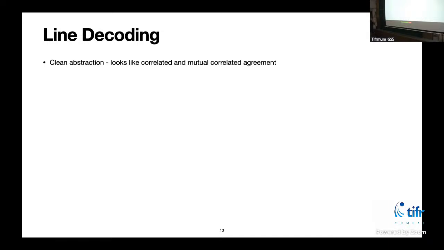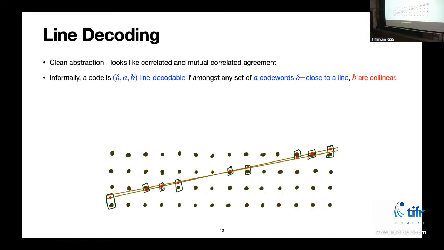It's a clean abstraction which looks like correlated agreement once you see it. Informally, a code is (delta, a, b) line decodable if amongst any a code words that are close to a line, b of those are collinear. If you remember how I viewed list decoding, amongst any L plus 1, two are equal.